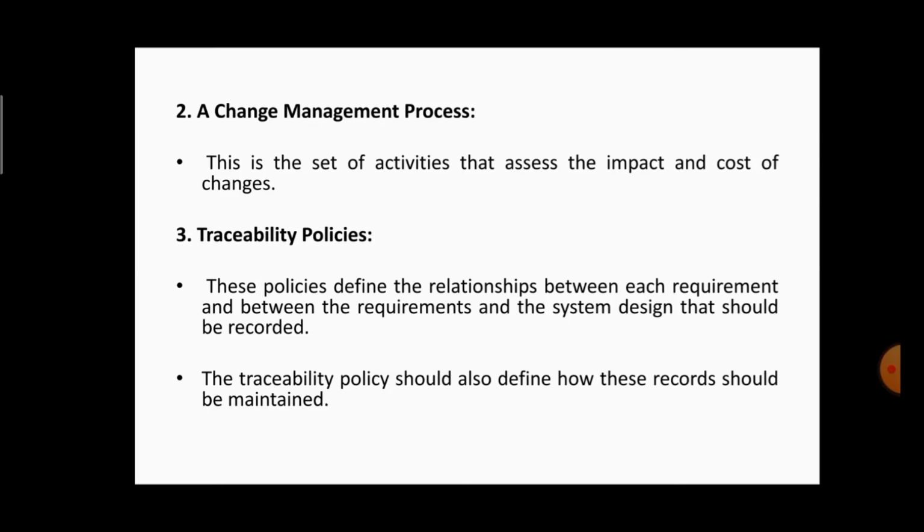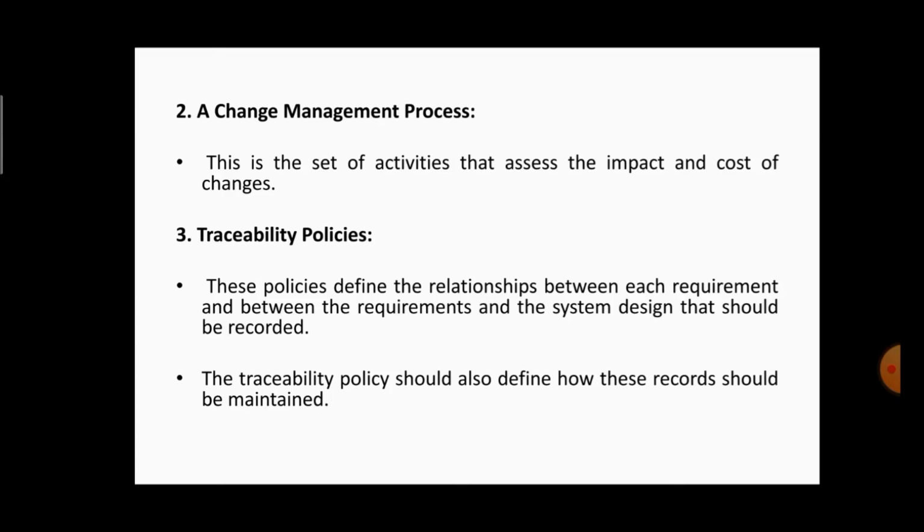Next, traceability policies. These policies define the relationship between each requirement and between the requirements and the system design that should be recorded. Traceability policies means you should have some proper rules to trace the requirements, to cross check the requirements. If you cross check the requirements, you can come across duplicate requirements that are repeated, right? So you should have some rules on how to trace those requirements.